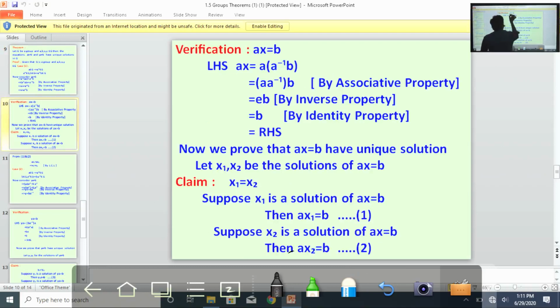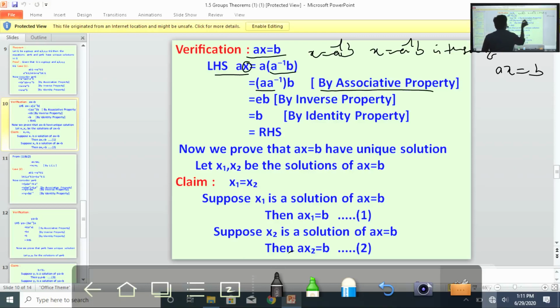Before going to that, a small verification: is X equal to A inverse B the solution of Ax equal to B? Is it right or wrong? Now take LHS. What is the solution? X equal to A inverse B. Replace here. Change the brackets by using associative property. Now what is A into A inverse?